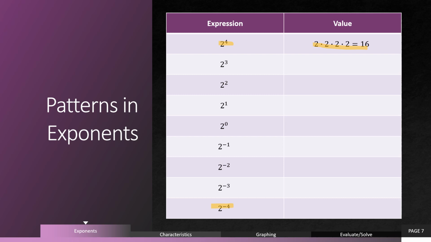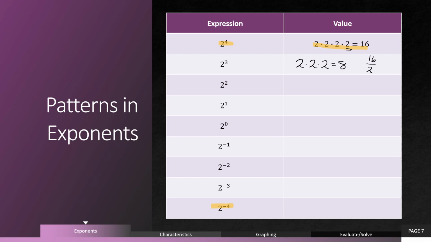I could write this out in expanded form, which would be 2 times 2 times 2 equals 8, or since I'm using one less power of 2, I could take this previous answer and get the same result by dividing by 2.